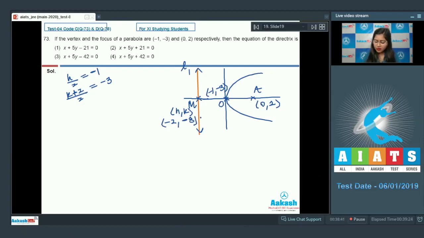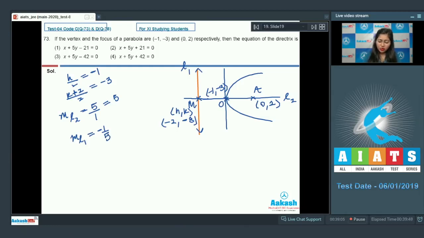Also we know the slope of line L2, that is the axis of the parabola, is: slope of L2 is equal to (2 - (-3))/(0 - (-1)), that is 5/1. So the slope of line L2 is 5. So we can say that the slope of line L1 will be equal to -1/5.